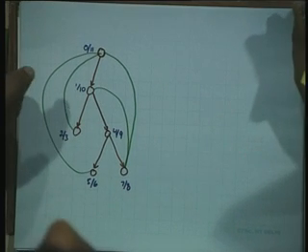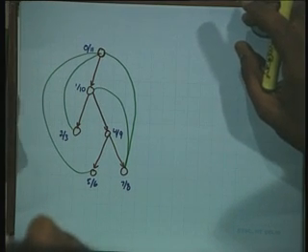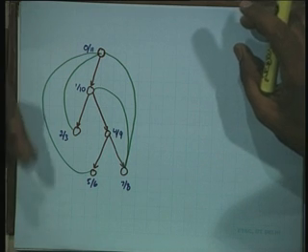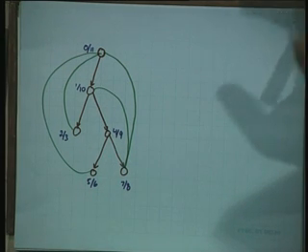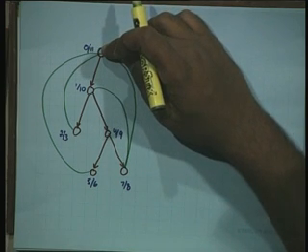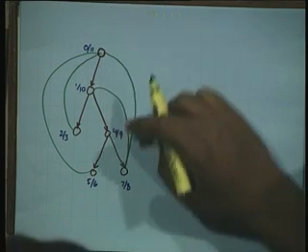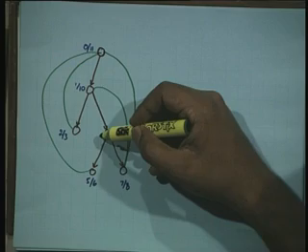I have just redrawn it, so that now it looks like a rooted tree. And the predecessor of a node now is just the parent of that node. If I define this as the root, then there is a natural parent child relationship between the nodes. The parent of this node is this, and it is also the predecessor.